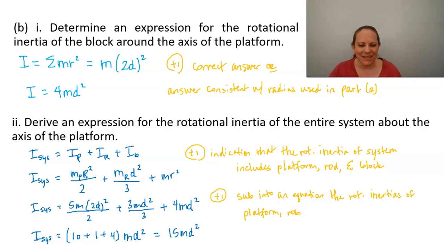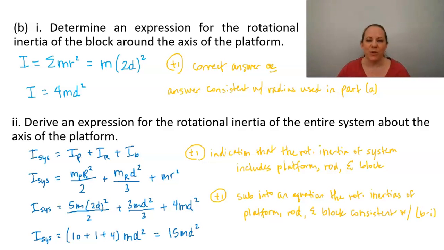I was thinking ahead to needing to write block, and I wrote rod instead. There we go. Let's grab my pen tool rather than my highlighter. And this one is consistent with part B1. So again, if you messed up finding the rotational inertia of the block in part B1, but you used it correctly in part 2, then you can still get full credit for that.